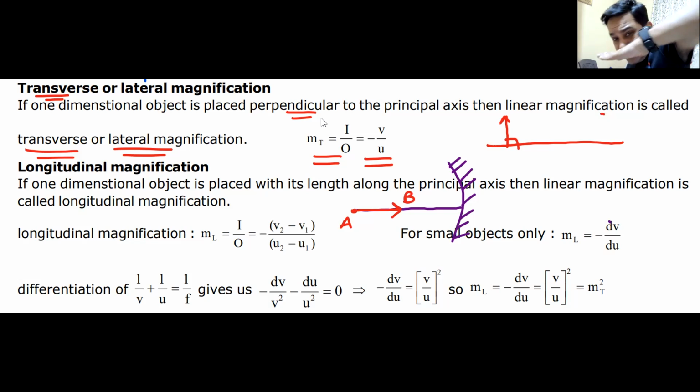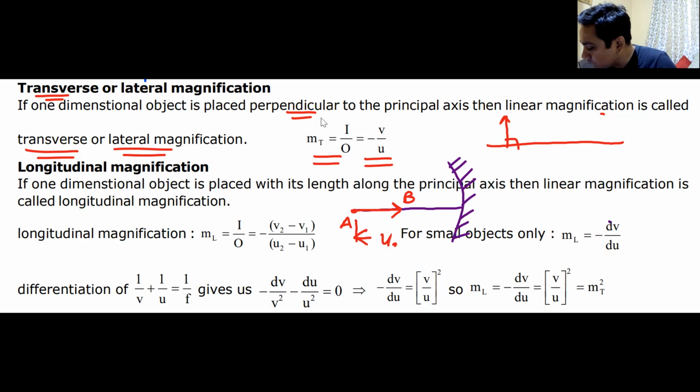Now since the object is like this, I have two types of distance of the object. I can call this as u2, distance of the end A, and then I can call this as u1. Do we understand this?